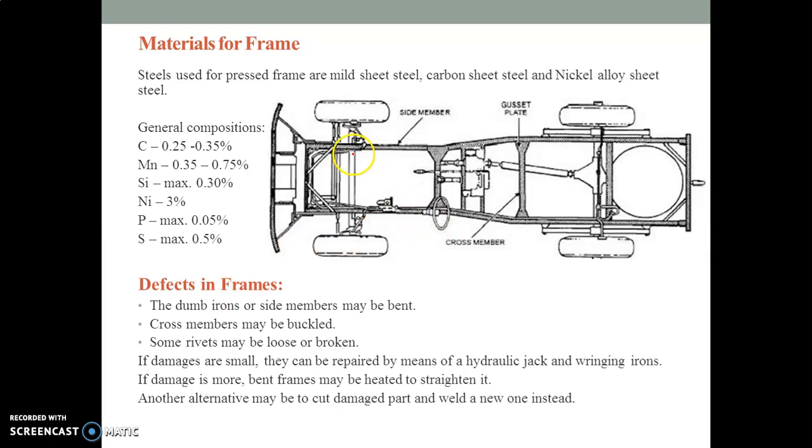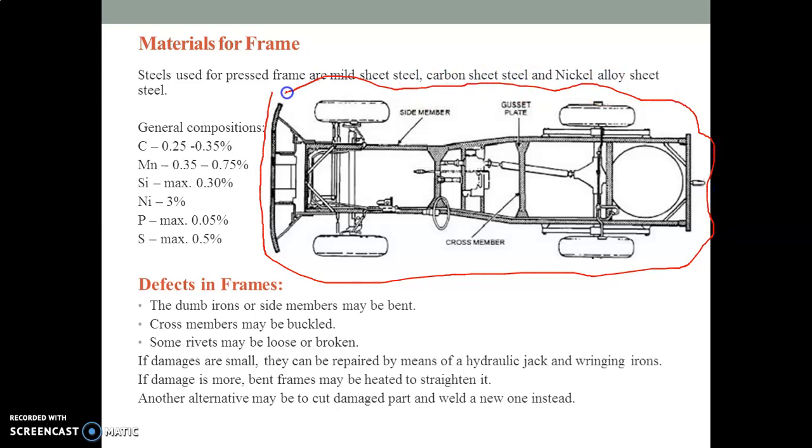So here one of the frame structures or frame constructions is shown in this diagram. You just observe it very carefully. First of all, steel is used for the pressed frame, and that is mild steel, carbon steel, and nickel alloy material sheet.